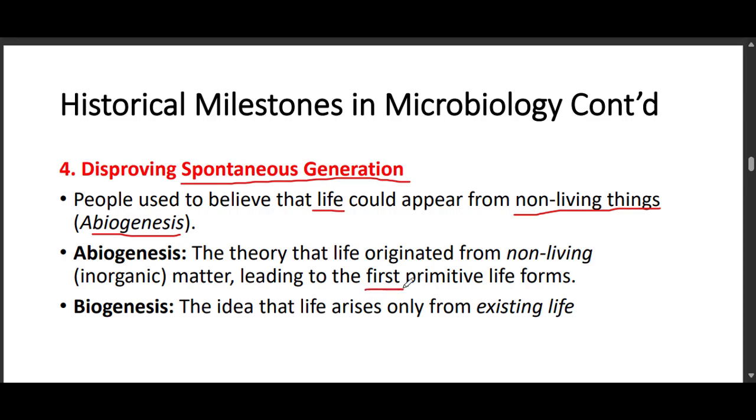Then we have what we call biogenesis. Remember, bio has to do with life, and genesis is the beginning. So biogenesis is the idea that life arises from already existing life.